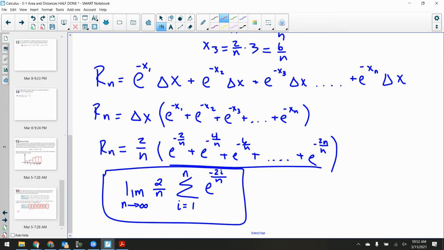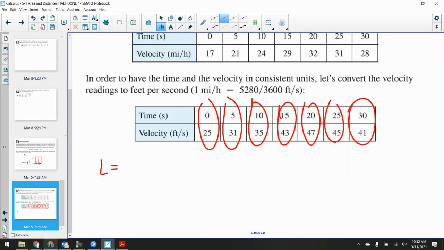What's my time interval? 5. In other words, b minus a over n, right? b minus a over n, 30 minus 0 over 6, times it was taken. 1, 2, 3, 4, 5, 6, if I disregard 0, right? So I have 6 intervals that I'm taking it at, okay?